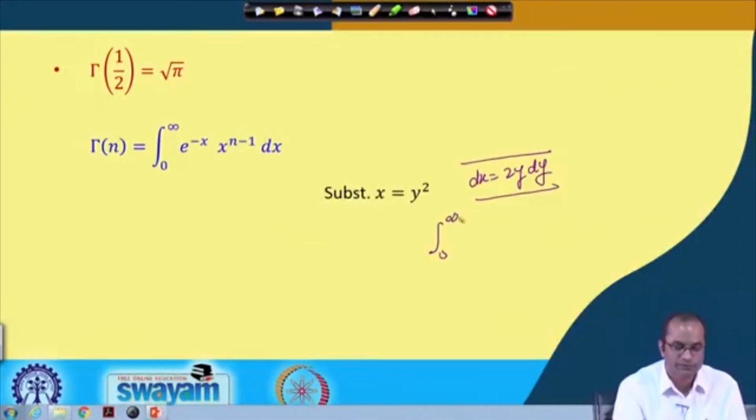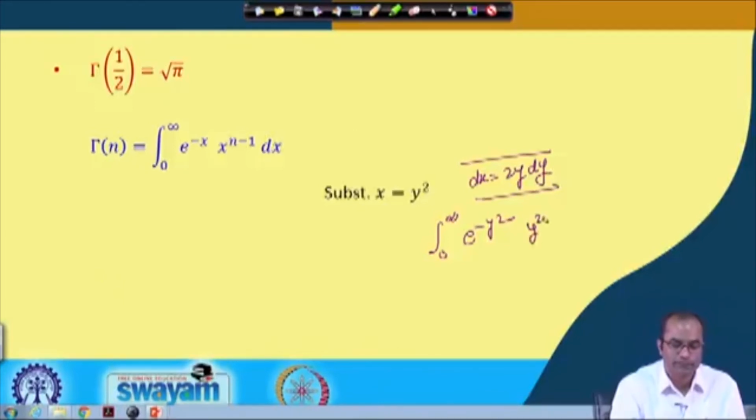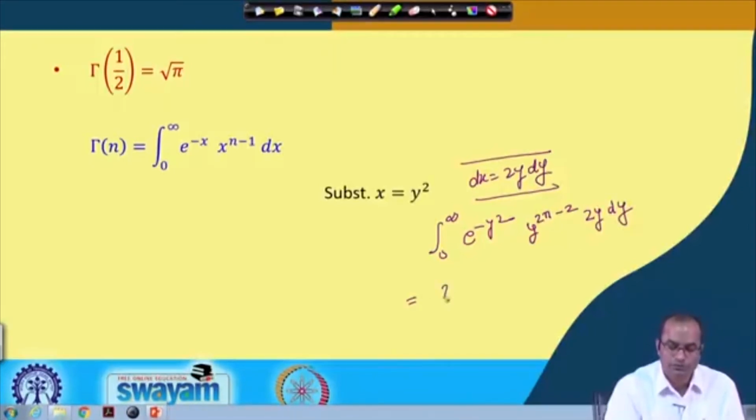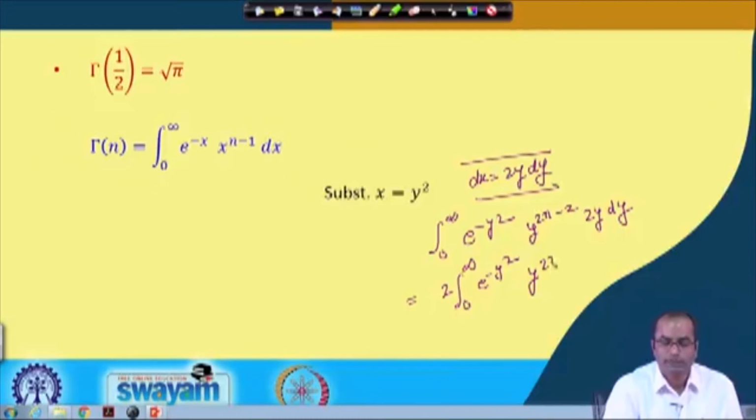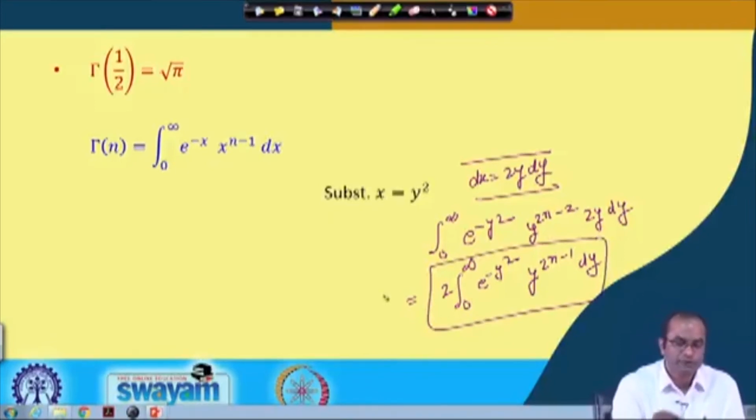So, we will have 0 to infinity e power minus y square, and this x will be y square, so y power 2n minus 2, but dx is again 2y dy. So, this is 2 times integral 0 to infinity e power minus y square y power 2n minus 1 dy. This is another form of this gamma integral which we will use now.